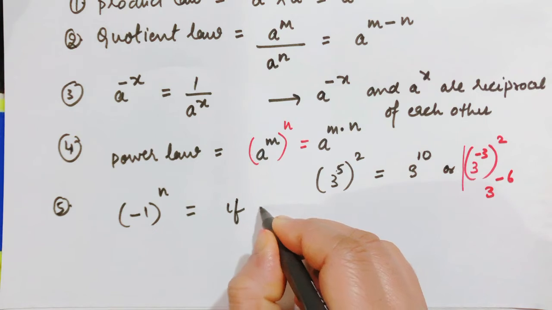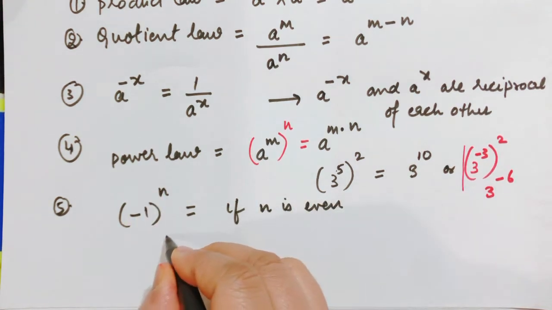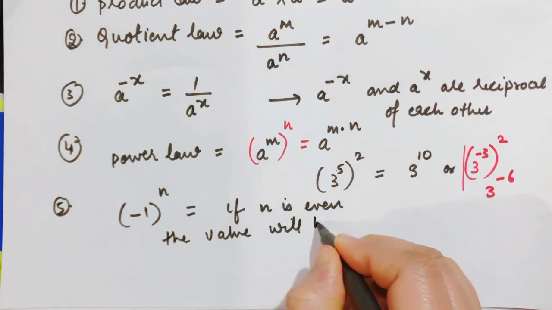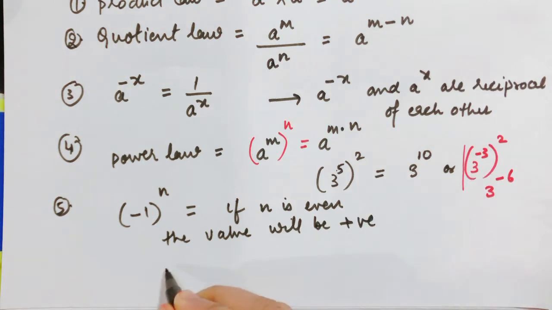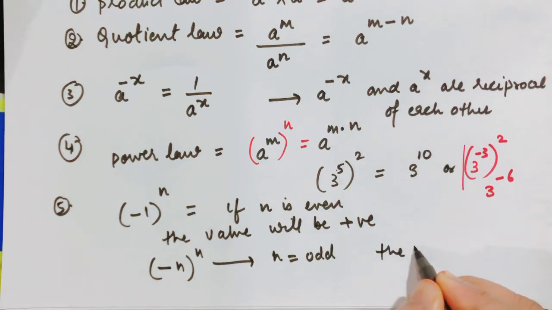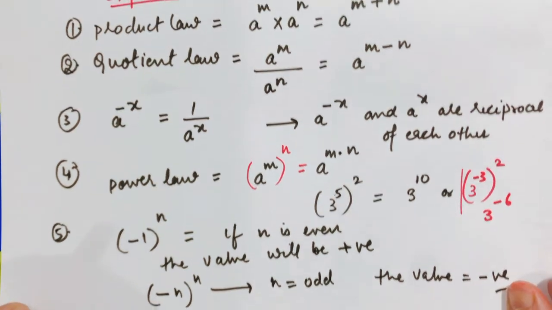If n is even, अगर इवन पावर हो, then the value will be positive. While if n is odd, then the value will be negative.